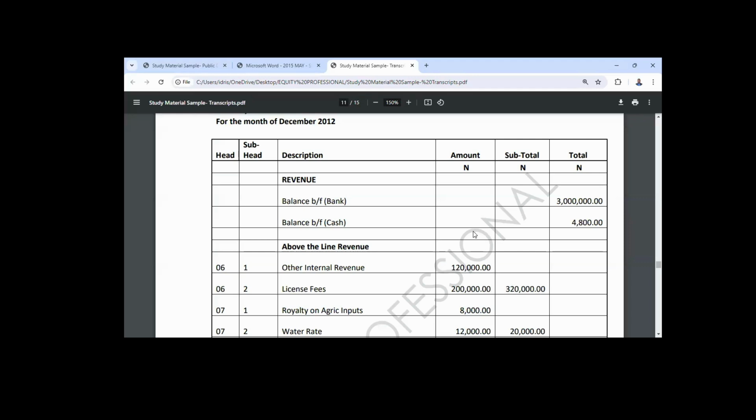We put them in the amount first. We add 2 of them together. Other internal revenue 120, license fee 200. Summation of the 2 of them, we write them in the subtotal, which is 320.